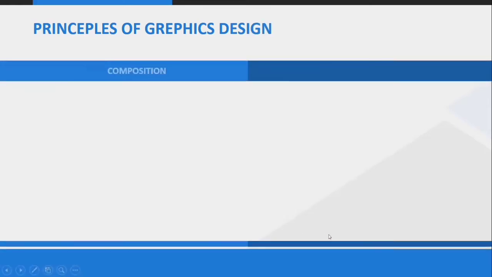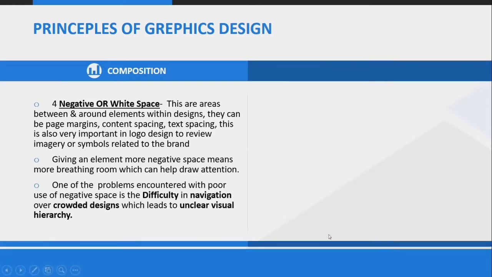Let's go to the next one. We have the fourth one, negative or white space. Actually, at the start of this class in the group, I dropped some lessons on negative space. It's very, very vital when designing. Without negative space, your design might look so crowded.